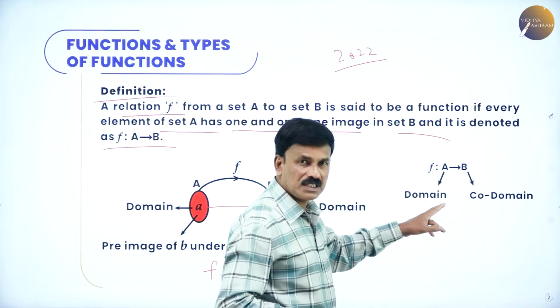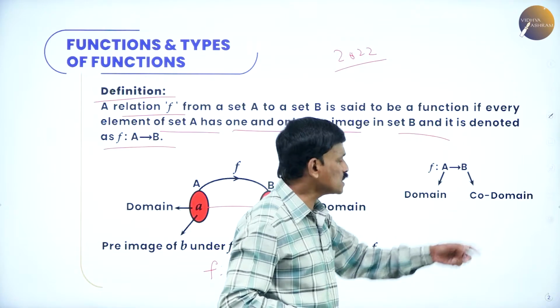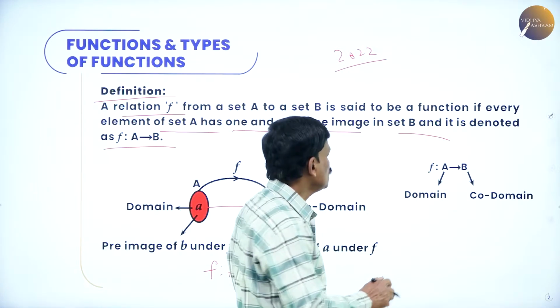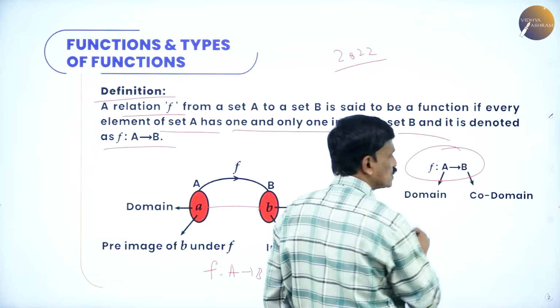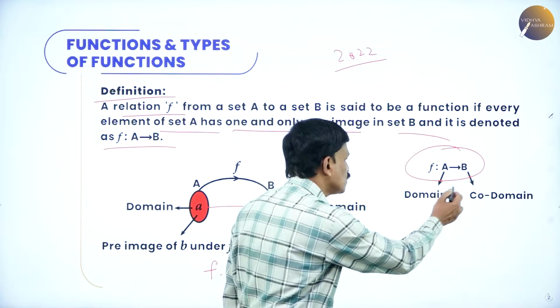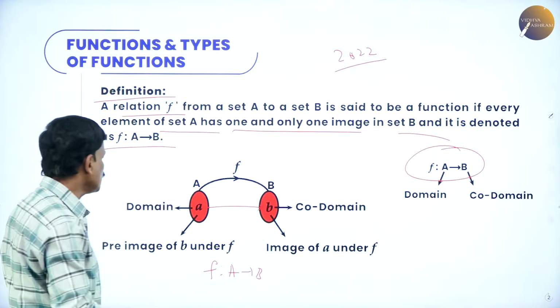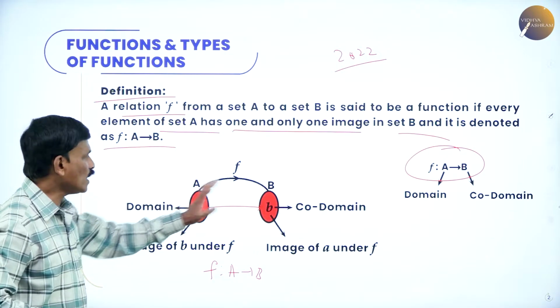Therefore, in the function all the elements of the set A are called the domain and the set B is called the codomain. If f from A to B is a function, all the elements of set A are called the domain and the elements of set B are called the codomain. Here this is the domain and codomain.